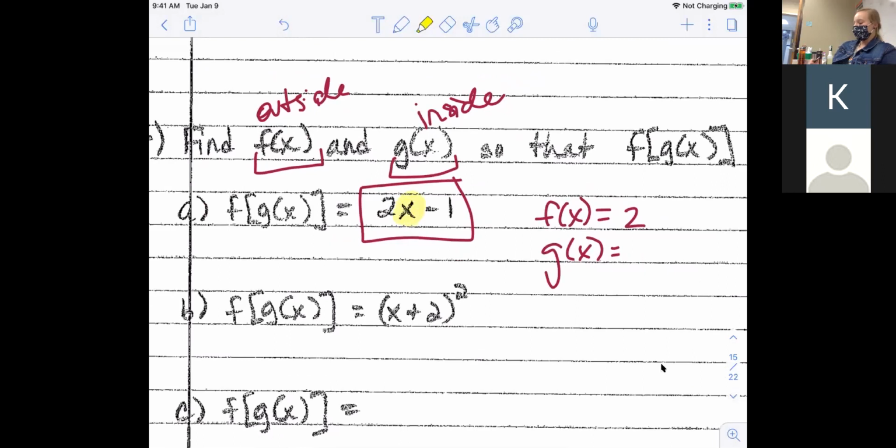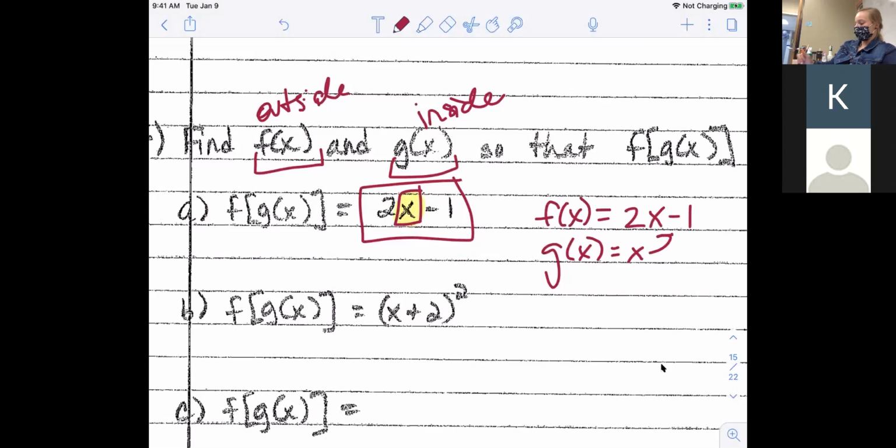The x is the variable on the inside, and around it I have 2x minus 1. One way you could break this up would be my inside function is just your x, and then your outside function is your 2x minus 1. I just plugged x into that. Normally it's more complicated. I don't know why we're given such a terrible example. The next one's a little better.